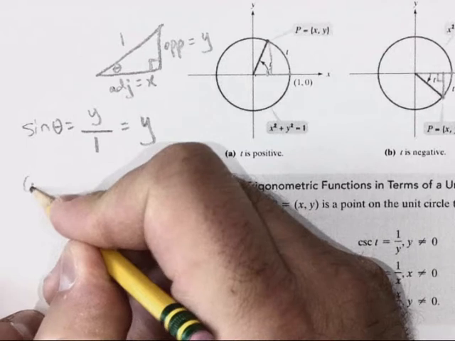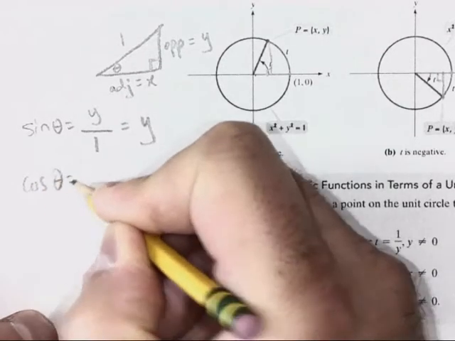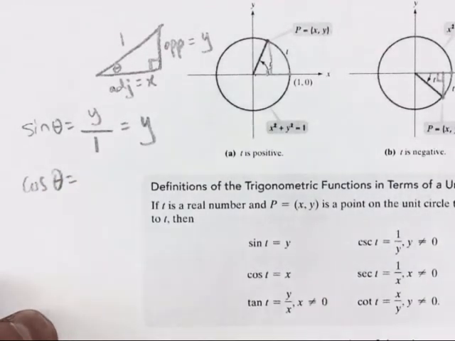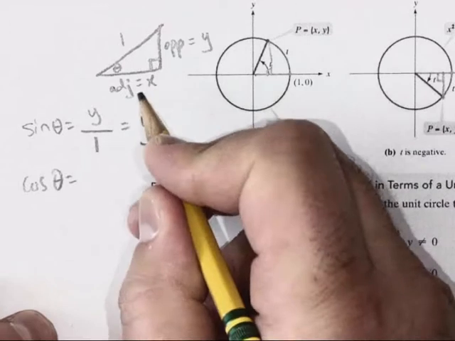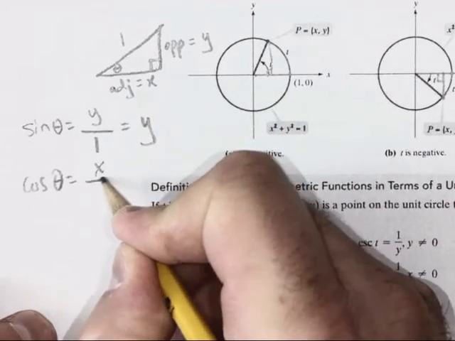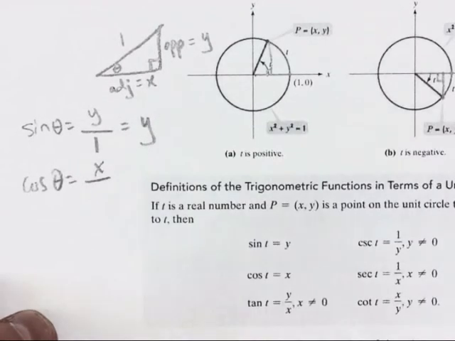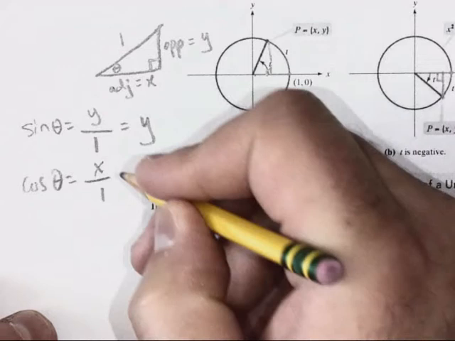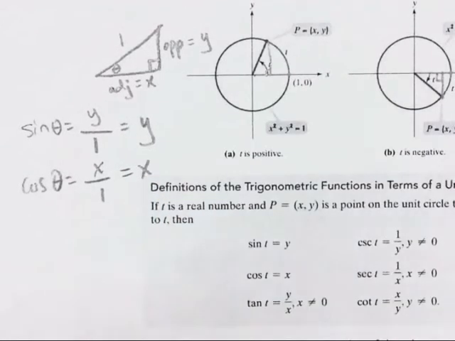And then I know that cosine of the angle is equal to adjacent over hypotenuse, and adjacent side to the central angle is x over hypotenuse, once again, which is 1. So then I know that the x coordinate of this point is cosine.